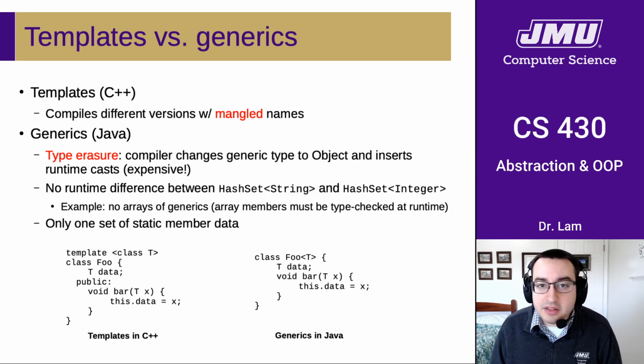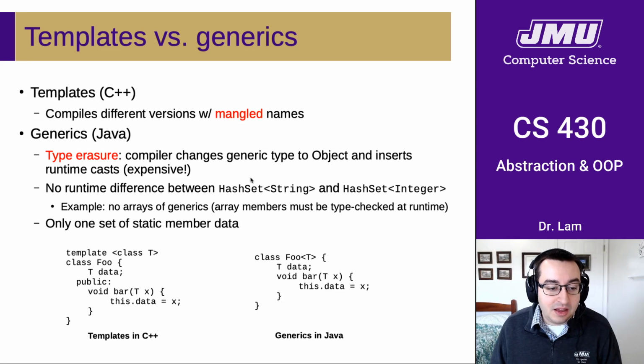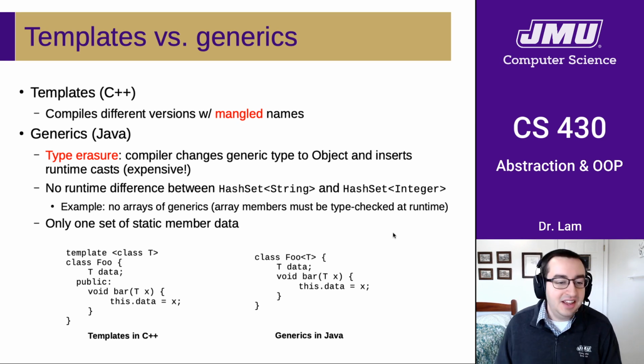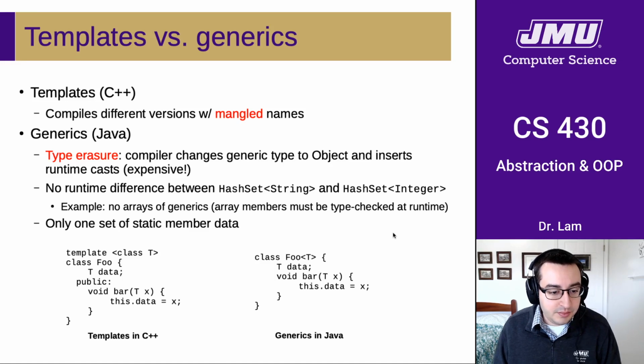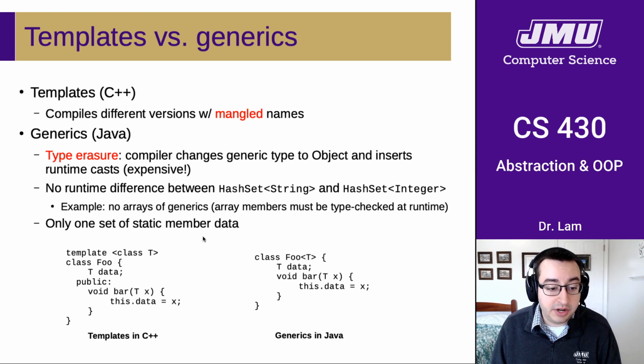What this means is that there's actually no runtime difference between a hash set of strings and a hash set of integers. This can lead to some confusion, as you might imagine. This can also cause a problem because there's only one set of static member data.